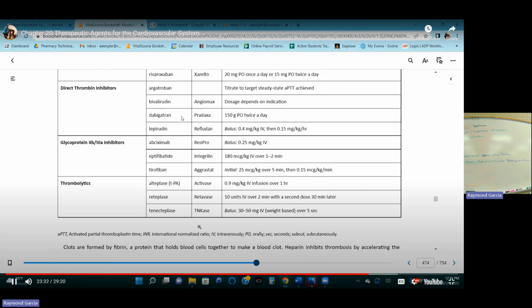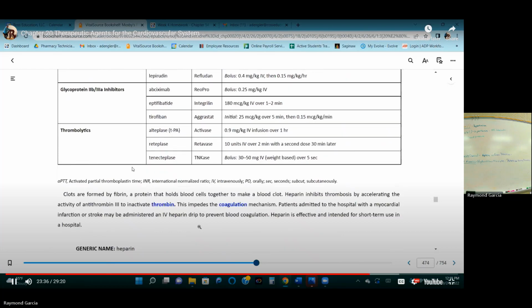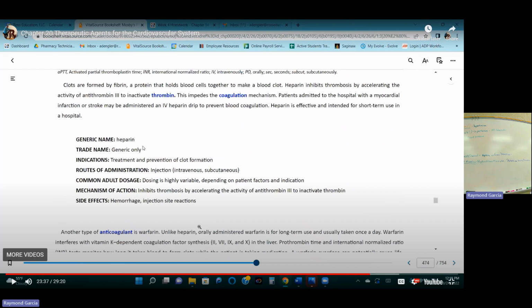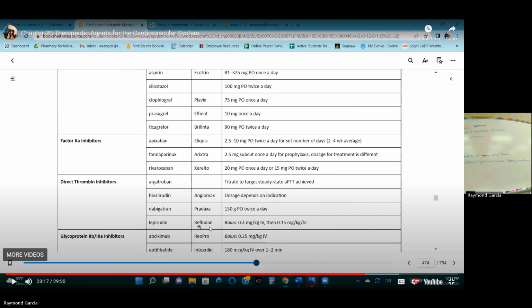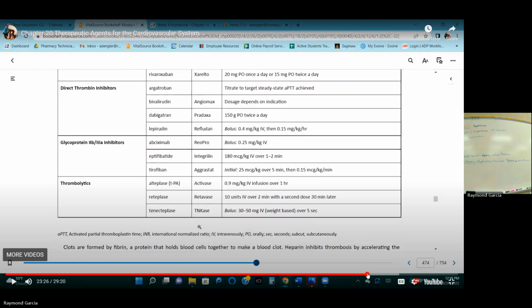Thrombolytics such as Activase, Retavase, or TNKase. You'll see a lot of alteplase given, Activase. Again, these all help and aid with blood clotting. So we're trying to keep a person from stroke or heart attack.